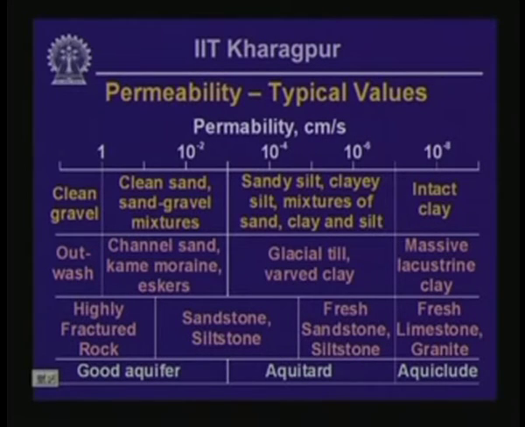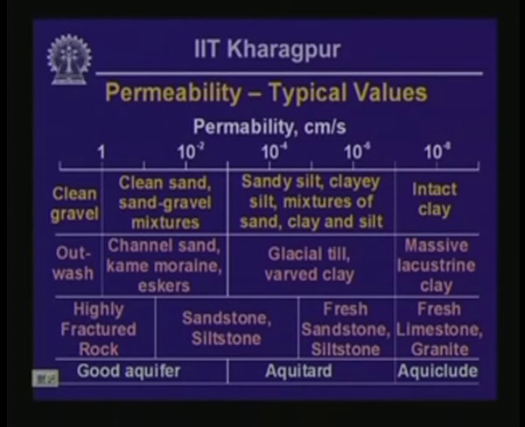Consider some rocks. Highly fractured rock has permeability of 1 centimeter per second or more. Sandstone and siltstone typically have permeability of 10 to the power minus 1 centimeter per second to about 10 to the power minus 5 centimeter per second.